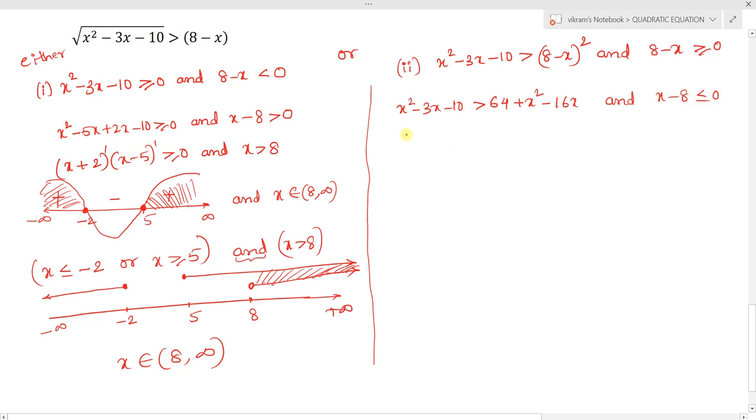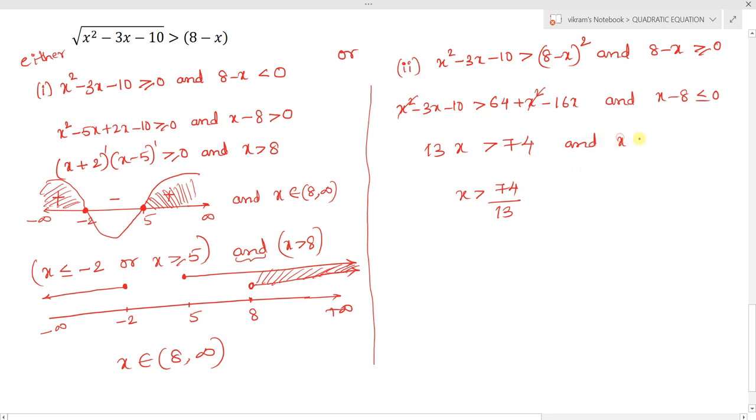If we solve this, x square and x square cancel out. We can take minus 16x to the LHS, so we write 13x greater than 64 plus 10, which is 74. That means x greater than 74 by 13.